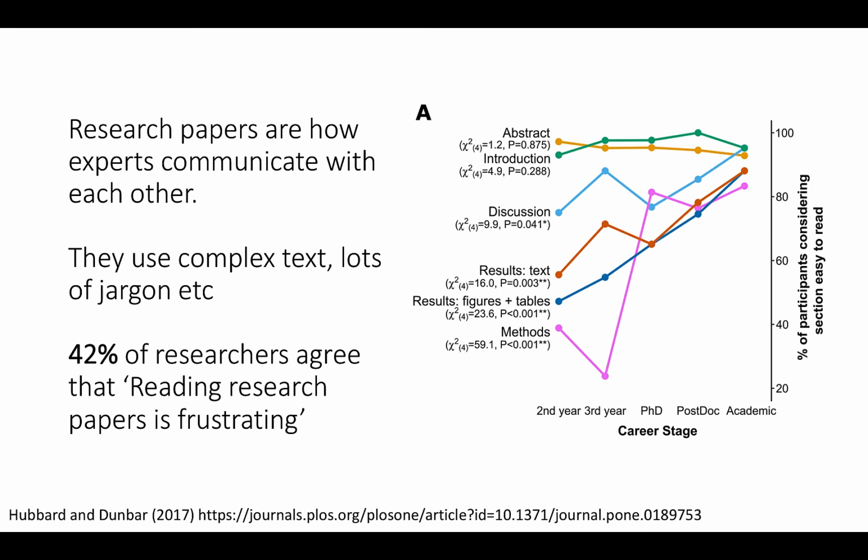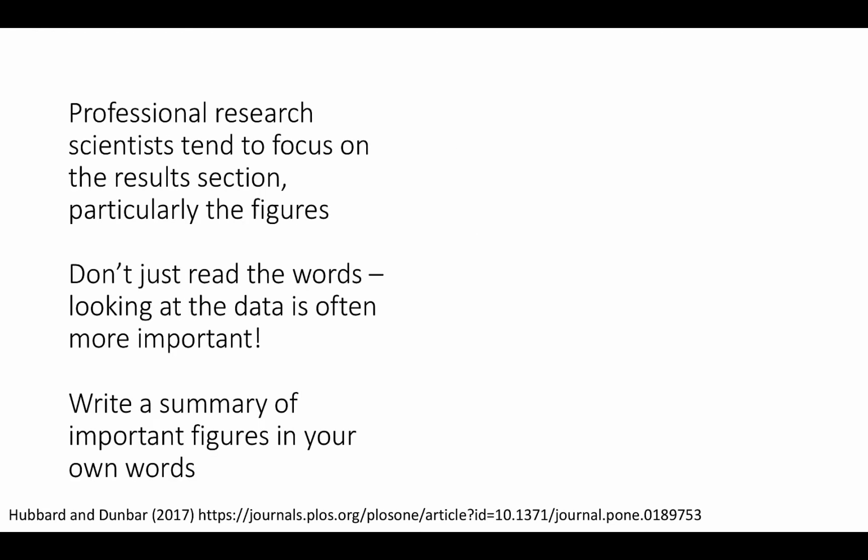And then we've got the different sections of the paper and how easy to read are they. And you'll see that the undergraduates in particular find the methods and the results more difficult to read. So that's absolutely normal. If you think, oh gosh, this is hard work, you're not alone. That's very, very common. And particularly the methods undergraduates find difficult to read. But often methods are less relevant to an undergraduate. If you're not going to reproduce the experiment yourself, the methods might be less important. Okay, but it's normal to find this kind of frustrating.